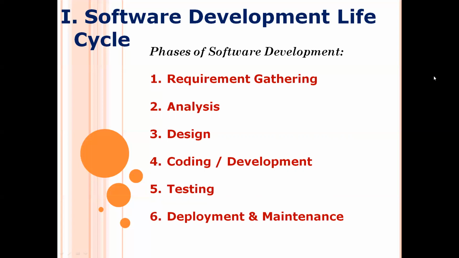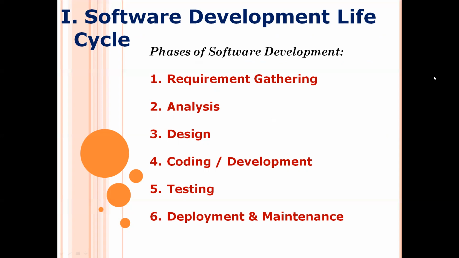We have various software development life cycle models in the industry: waterfall model, V model, spiral model, Agile model, etc. Software development process varies from one SDLC model to another. Next, requirements gathering. First phase, initial phase of this life cycle.